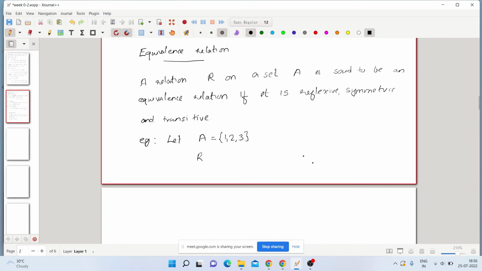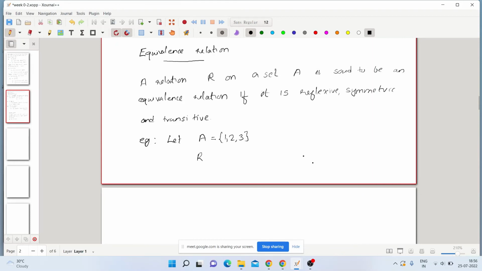Now let us see what is an onto function. Again, f is a map from A to B. Then f is onto if corresponding to each element in B, say corresponding to each y in B, we are denoting the elements of B by y, there should exist an x in A such that f of x equals y.